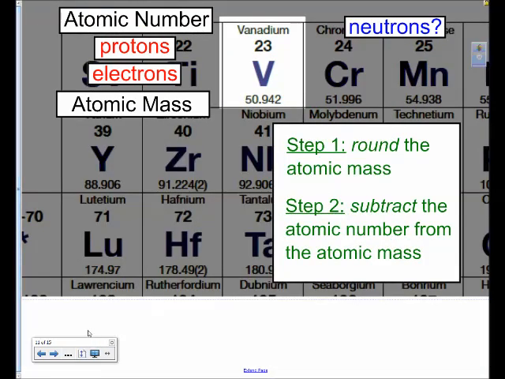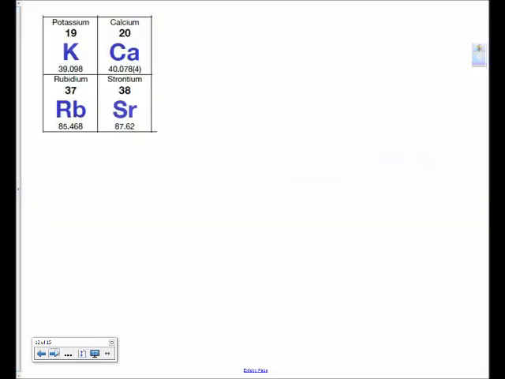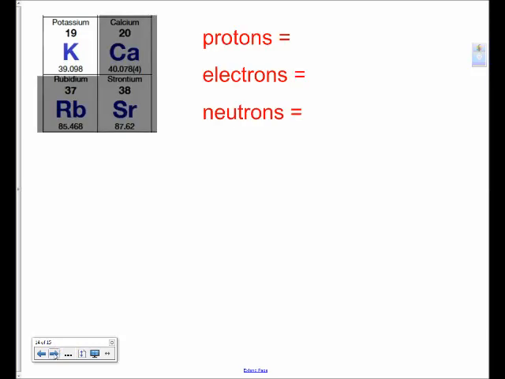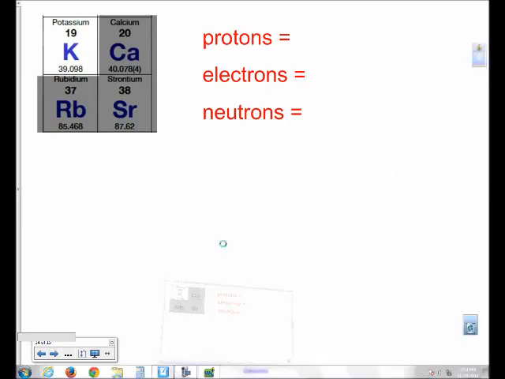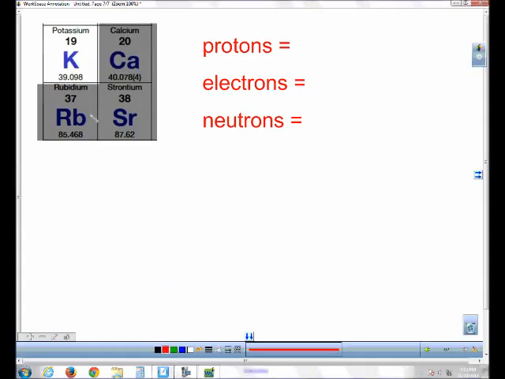Let's look at another example. Here's another little piece of the periodic table. So if we take potassium, we know already, because the atomic number is 19, that potassium is going to have 19 protons. Potassium's also going to have 19 electrons. Now, to find the neutrons, remember it's the two-step process.